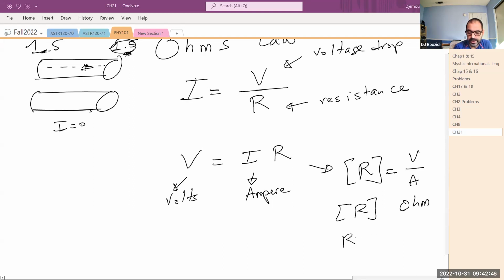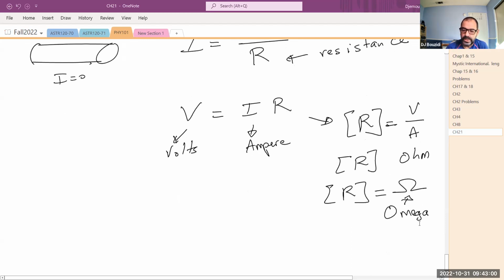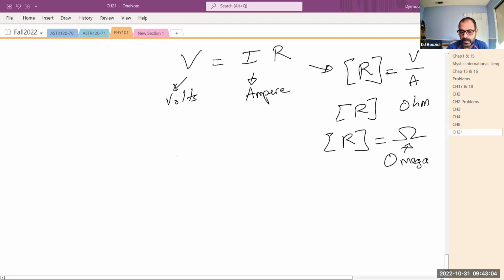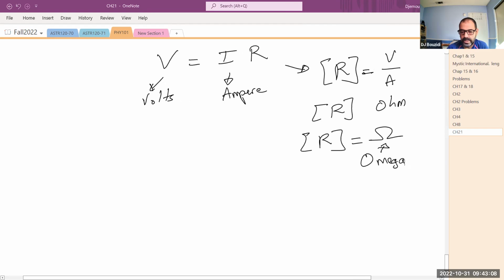And the symbol for the resistance unit is the capital Greek letter omega. So this is the capital omega, and it's called an ohm. You read it as an ohm. You don't say omega. So that's the unit for the resistance, okay?